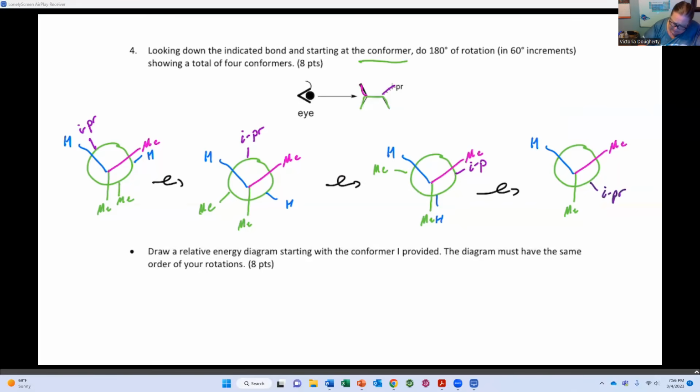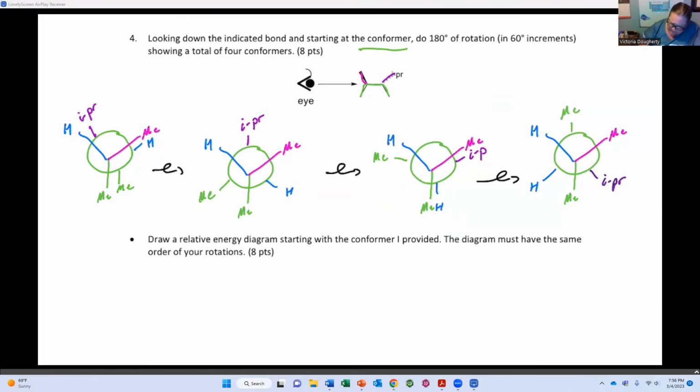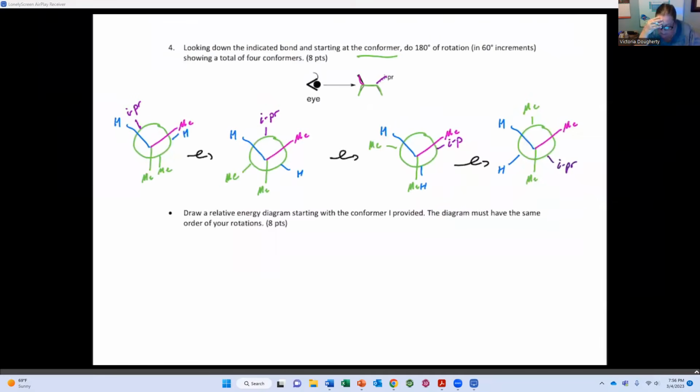The blue H that was in the 6 o'clock position is now in the 8 o'clock position, and the green methyl that was in the 10 o'clock position is now in the 12 o'clock position. And so now, based on what I have, I have to draw a relative energy diagram.